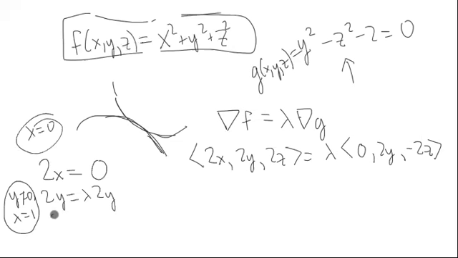And we also have a similar thing here: 2z is equal to negative lambda times 2z. Which actually tells us that if z is not 0, so we can divide by it, then lambda will be equal to negative 1.